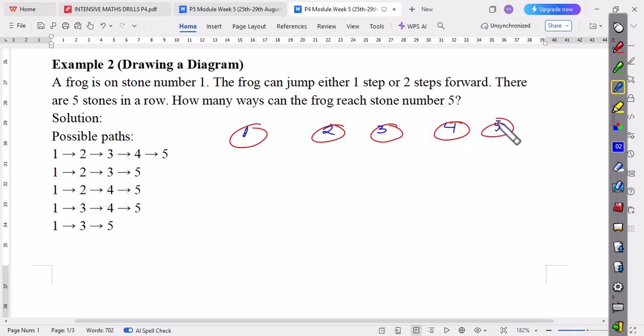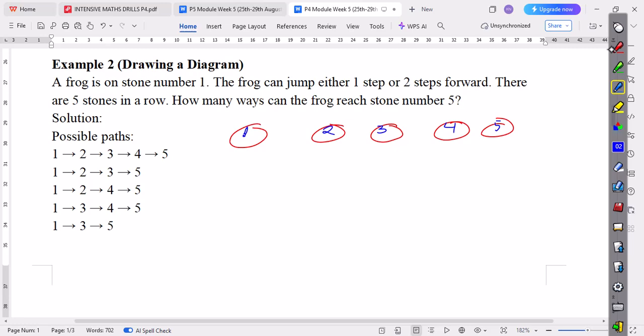Now the next information: a frog is on stone number one. To solve this kind of question, the first thing we need to do is make the model. Making the model will help you find what the question is about and how to use the information you got from the question. Sometimes the information is not directly clear.